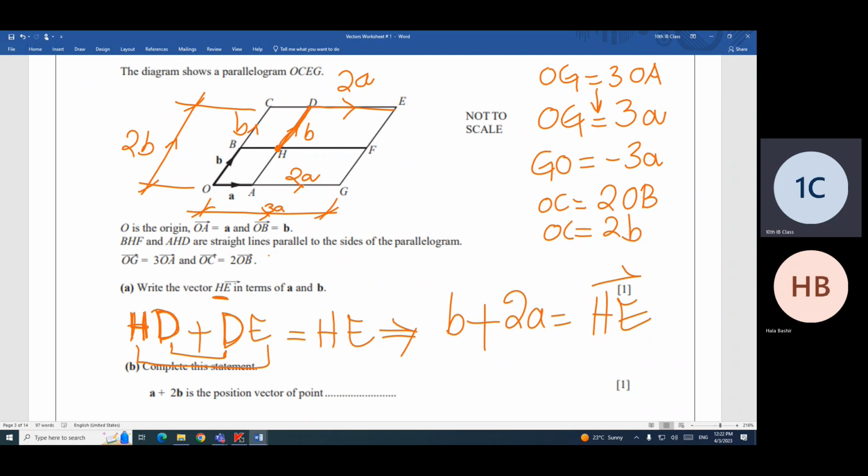The expression for it is b plus 2a. It may be a little hard at first, but the more you solve, the better you become. Okay?